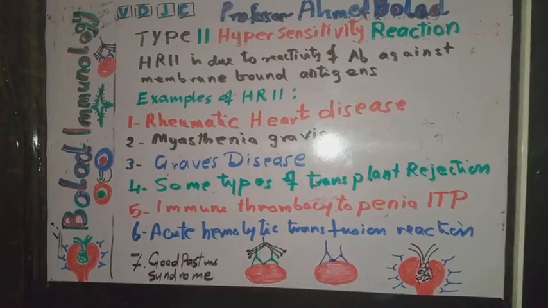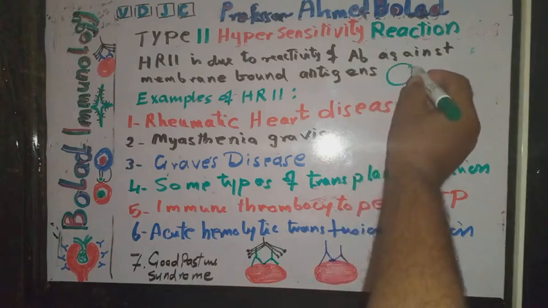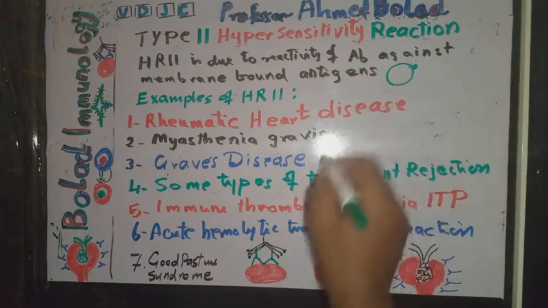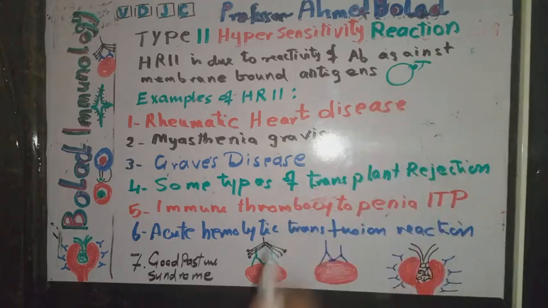Today I'm going to talk about type 2 hypersensitivity reaction. As you may know, it is due to reactivity of antibodies against membrane-bound antigens. It means that the antigen is bound to the membrane, and the antibody binds that antigen.